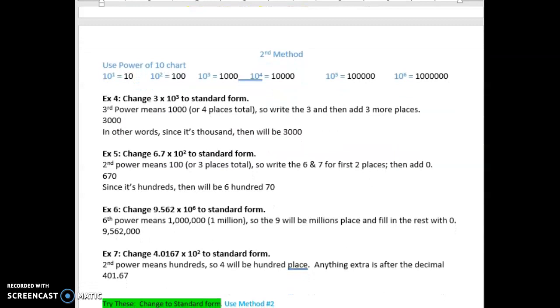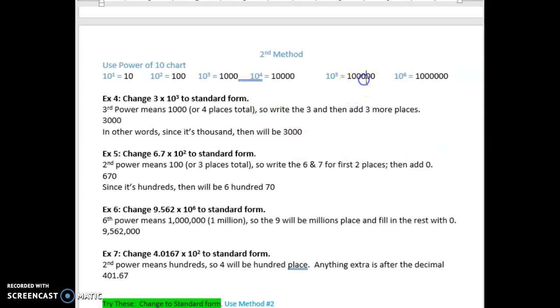There are some really important exponents for you to get an understanding with. You can almost memorize these. So we can use a power of 10 chart. Anything to the power of 1 is a tens. Anything to the power of 2 becomes hundreds. Anything to the power of 3 becomes thousands. Power of 4, 10,000.